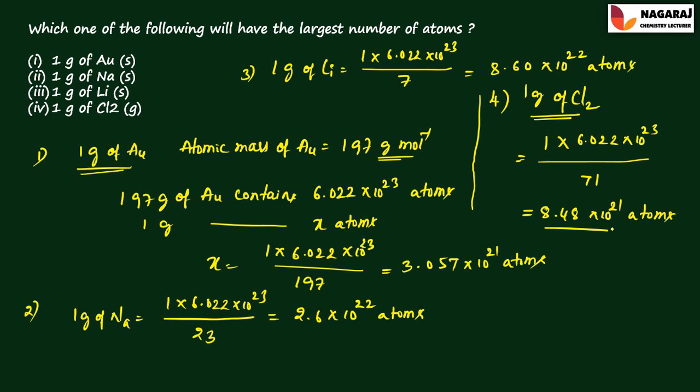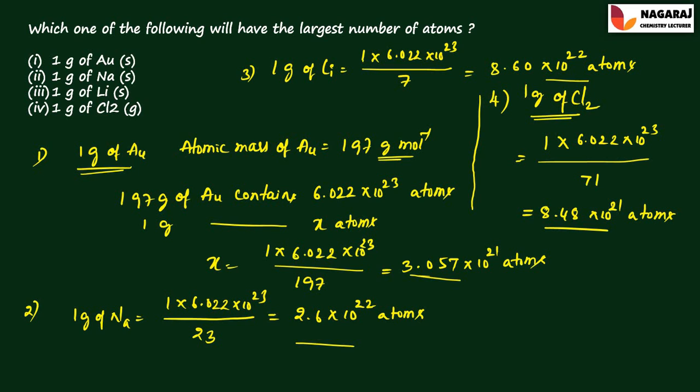So which option is correct? Gold contains 3.057 into 10 to the power 21 atoms, and sodium contains 2.6 into 10 to the power 22 atoms, and lithium contains 8.6 into 10 to the power 22 atoms, and 1 gram of chlorine contains 8.48 into 10 to the power 21 atoms.